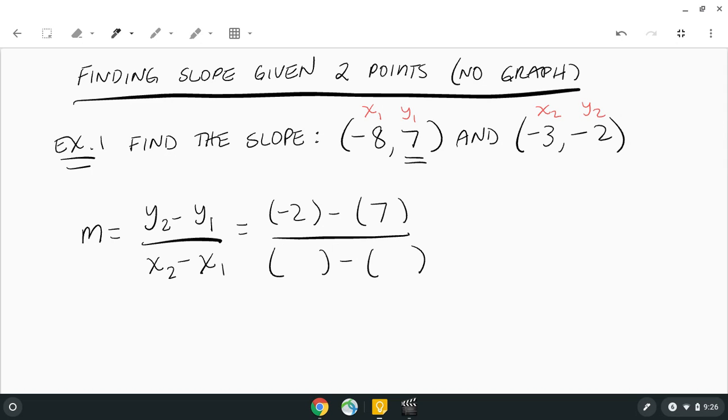So I'm going to put 7 inside the second parentheses. And then down below in the first parentheses, I have to put my second x value. So that's over here. So I'm going to put -3 inside. And then my first x value, which is over here, which is -8.